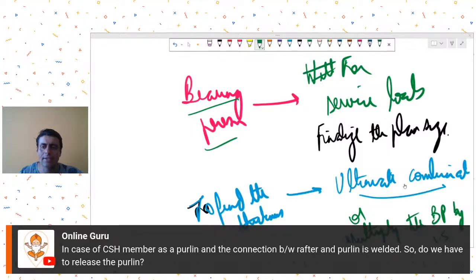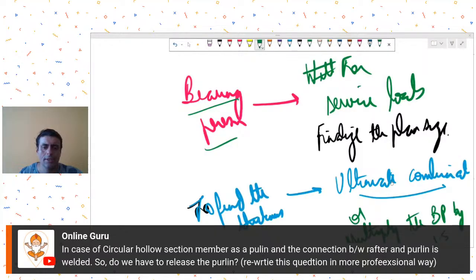So my answer is that it will depend on how you are welding it, but it will be very difficult for you to get a proper rigid moment connection between rafter and purlin in such situations. It is better to assume it as pin supported or released at purlin to rafter ends.